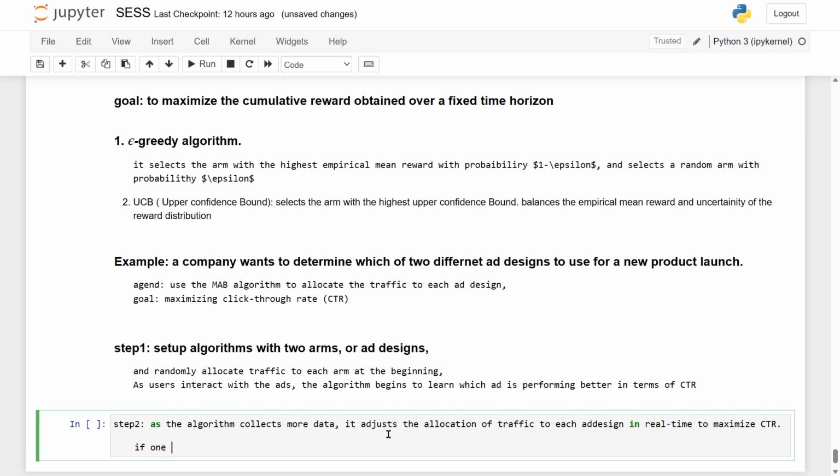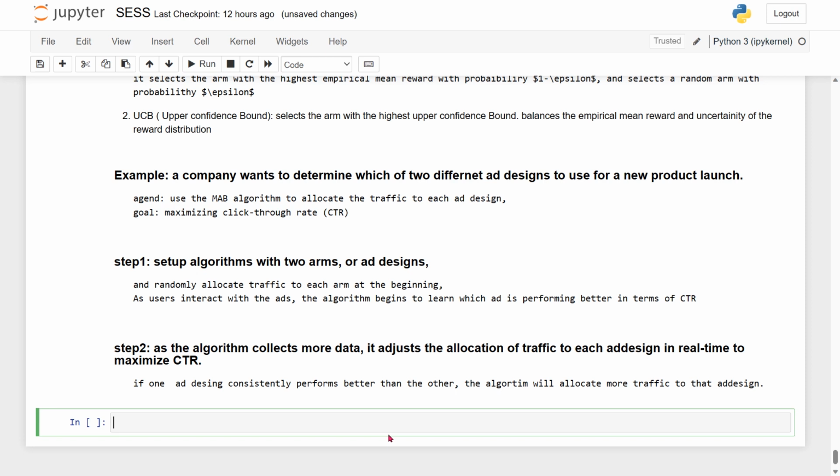If one ad design consistently performs better than the other, the algorithm will allocate more traffic to that ad design.